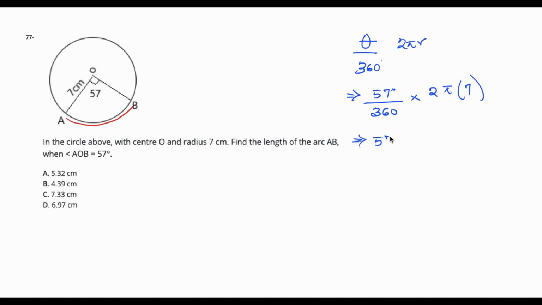So if we evaluate this, that's 57 over 360 multiplied by 2 multiplied by 3.142, which is our pi, multiplied by 7. And this is going to result in 6.963 centimeters, or approximately 6.97. So our answer here is D.